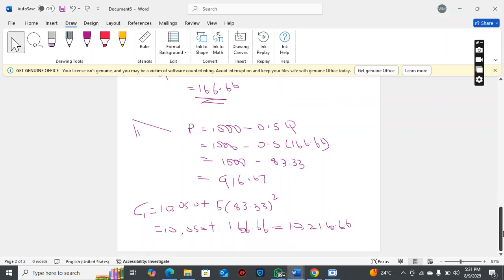Yes, 10,216.66 times 2. So when we multiply this by 2, since they are identical cost functions, our total cost is going to be 20,433.32. That is the total cost.